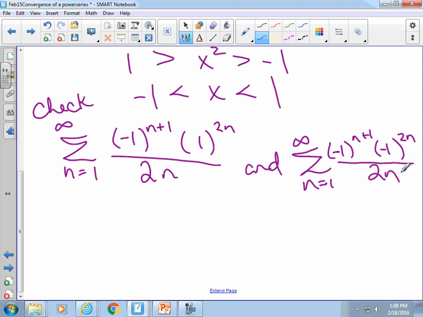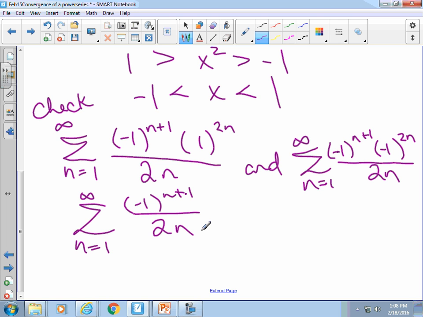And what is 1 or negative 1 to the 2n power? Either way, 1. So really I'm checking the sequence negative 1 to the n plus 1 over 2n. Both of those equal that.